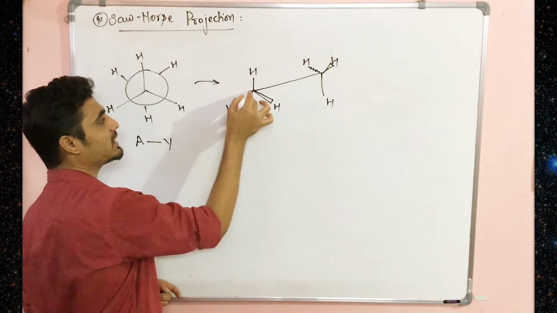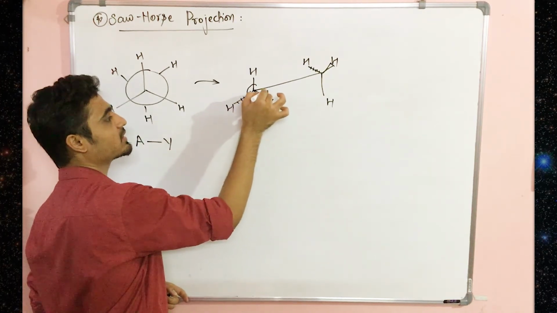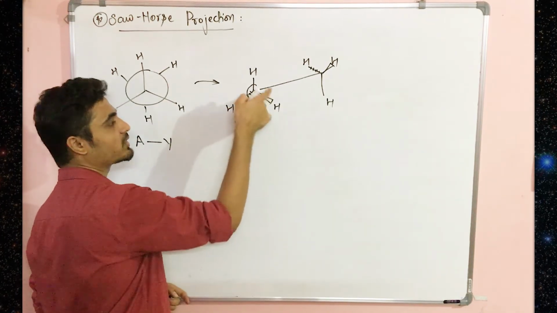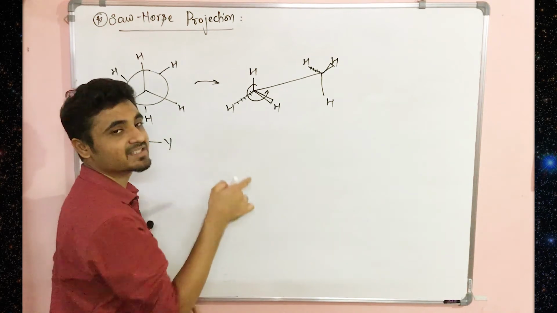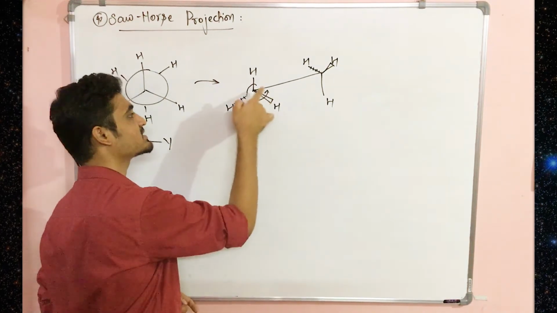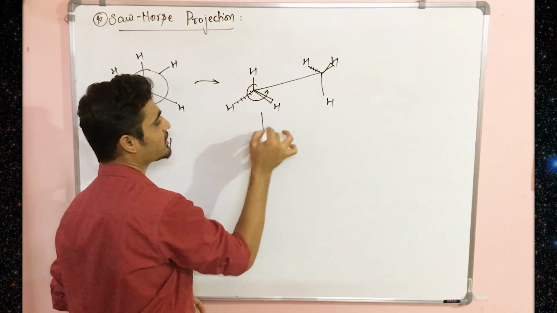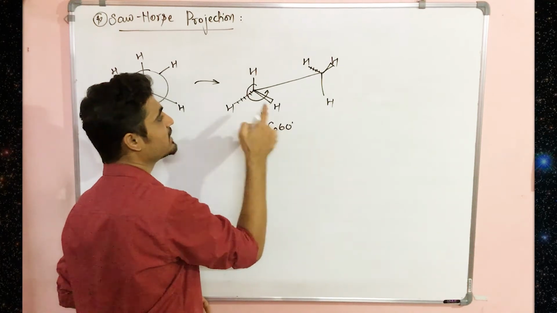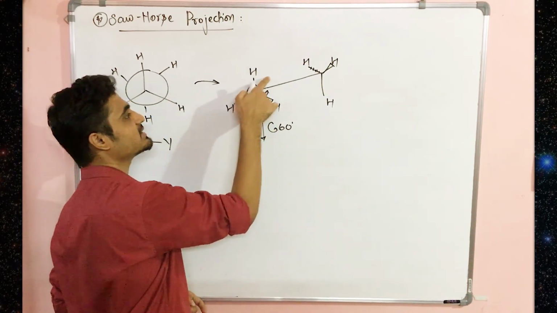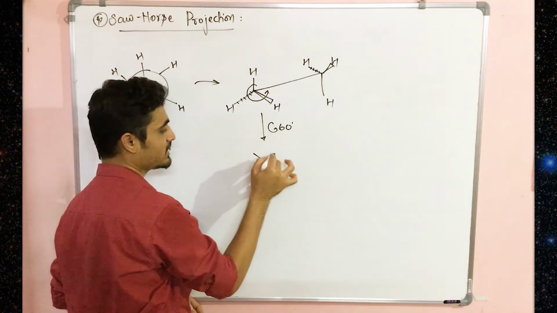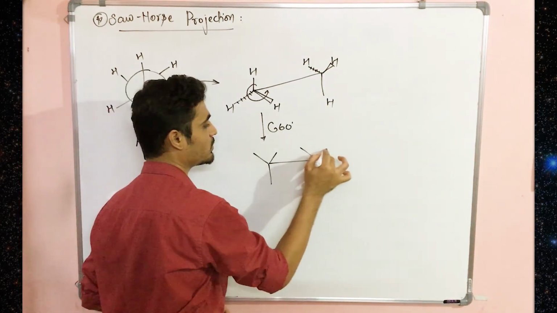So what I'll be doing is simply rotating this group. If I rotate this group by 60 degrees, what is going to happen? This bond will come in this angle. It will become YY, so it will become like this, YY.